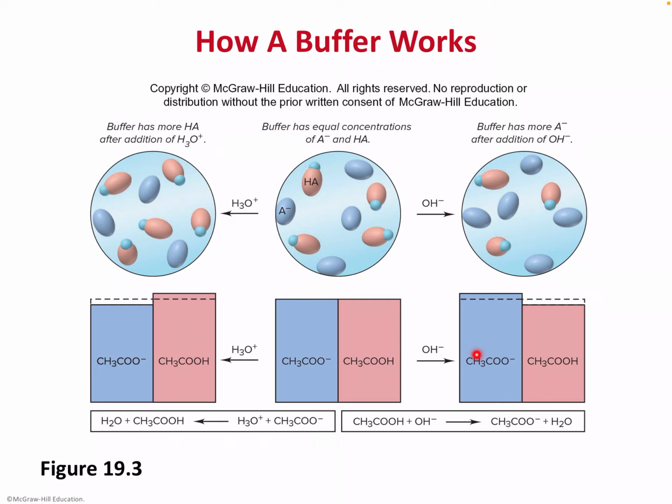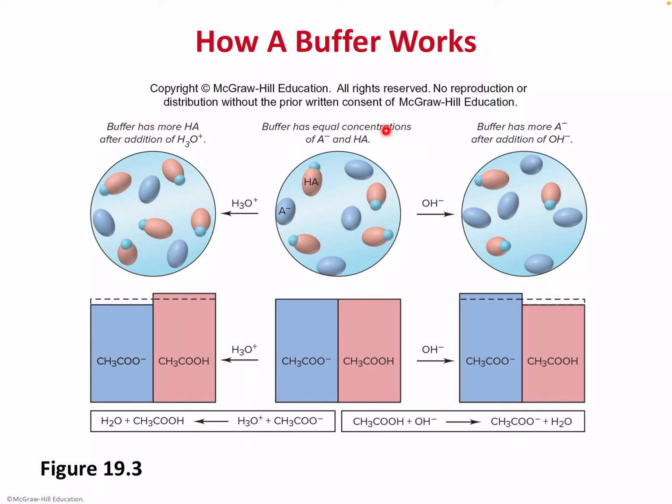So then you will see acetate ion increase, and we will see a decrease in the red one because hydroxide is going to react with it. Accordingly, the number of molecules will also change. You see 3 molecules of acetic acid and 5 molecules of acetate ions. Acetic acid with hydroxide forms acetate and water. Okay, water is not shown here.